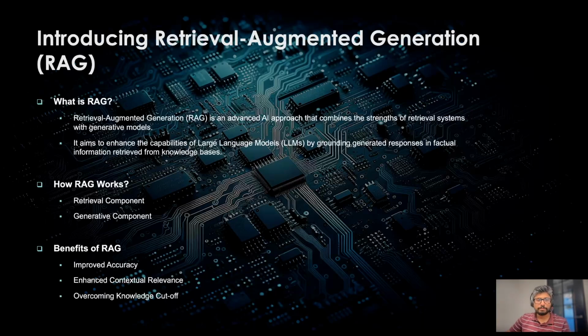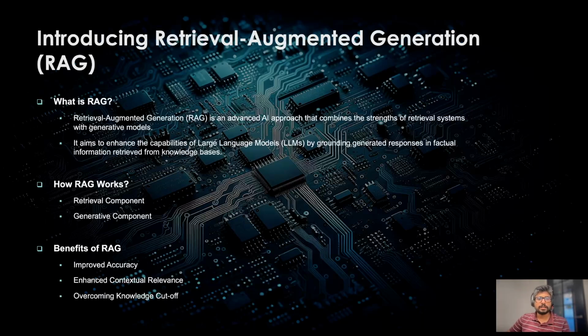There are significant benefits of using RAG. First is the improved accuracy. By incorporating retrieved factual information, RAG significantly reduces the likelihood of generating incorrect or irrelevant content. This grounding in up-to-date, verified information enhances the overall reliability of the responses. Second, enhanced contextual relevance.